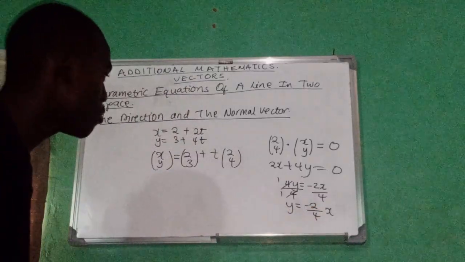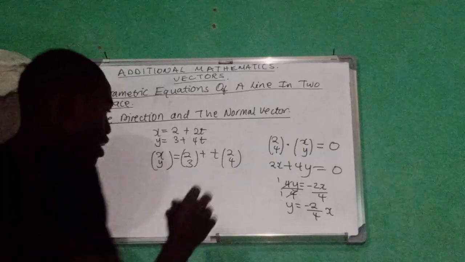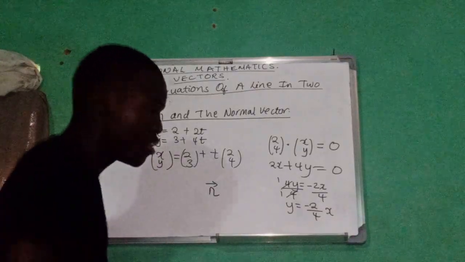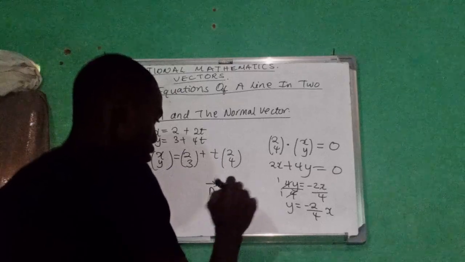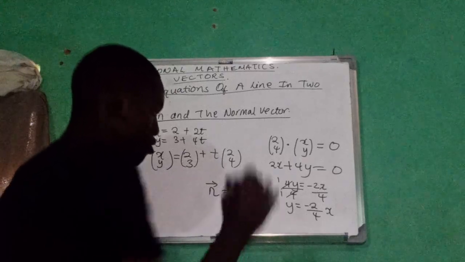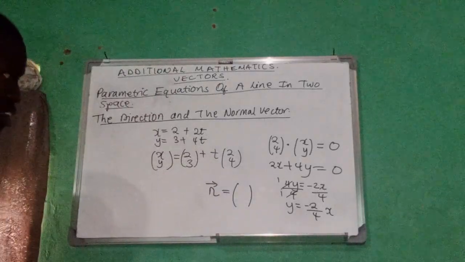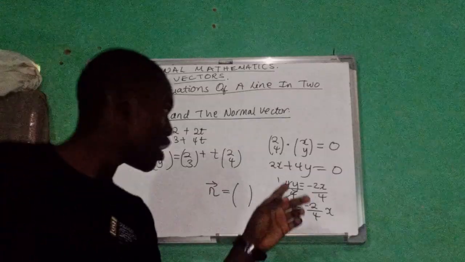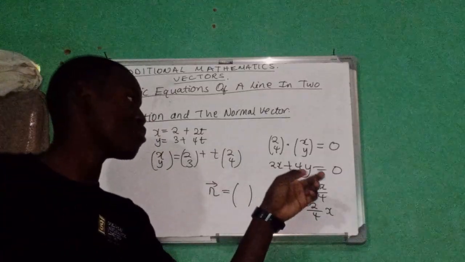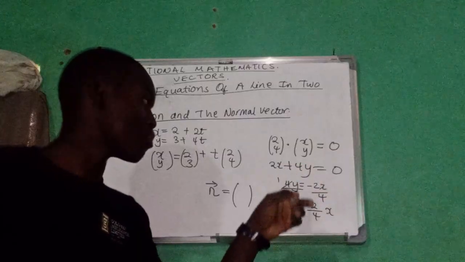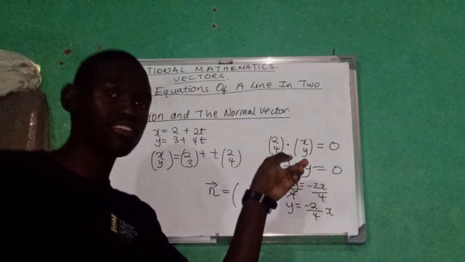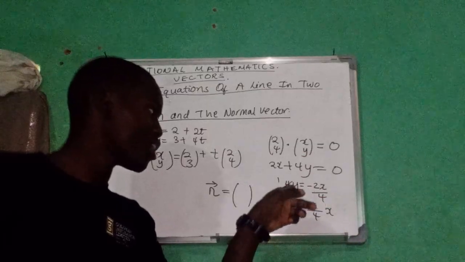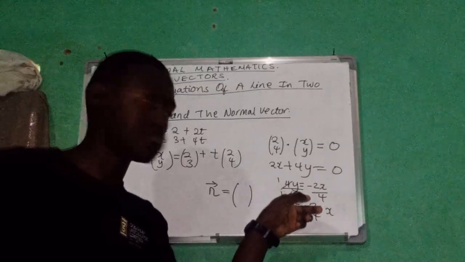It means that the normal vector, represented by n with an arrow, is equal to... To find the normal vector, you have to follow me very well. We have just made y the subject of the formula by taking the positive 2x to the other side, which became negative 2x, and we divide both sides by positive 4.